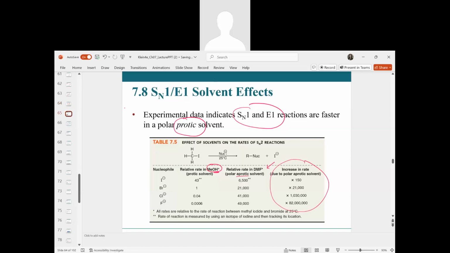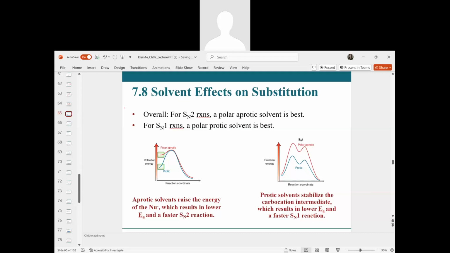Let's take a look at why this is the case. For SN2 reactions, a polar aprotic solvent we say is best. Aprotic solvents will raise the energy of the nucleophile, and this therefore lowers the activation energy required. So this is good for SN2 reactions, but when we have SN1 reactions, we see the opposite with a polar protic solvent.